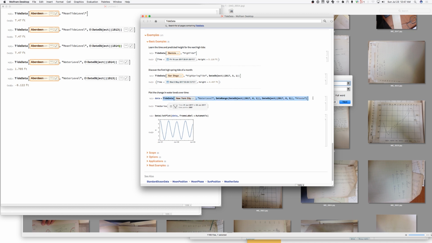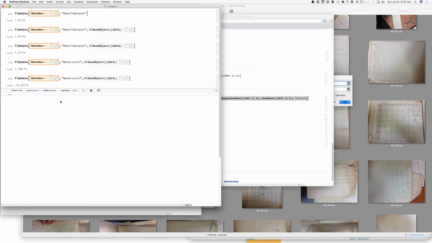So let's look at this by the day, just to get some idea, and let's do it for Aberdeen. Let's do it from January 1st, 1913 to 1913 December 31st.